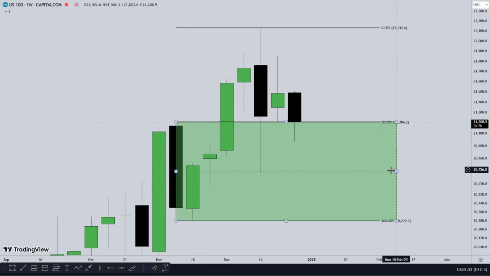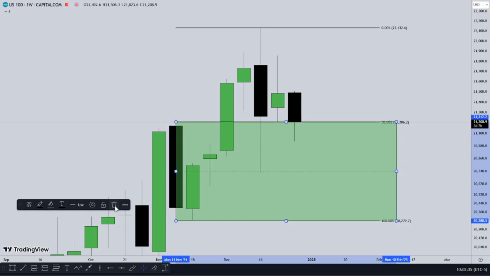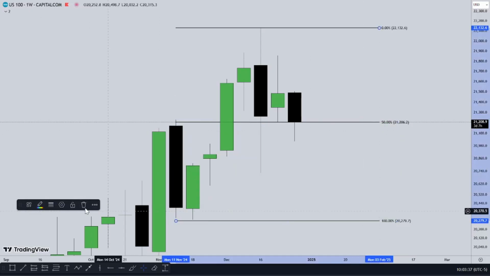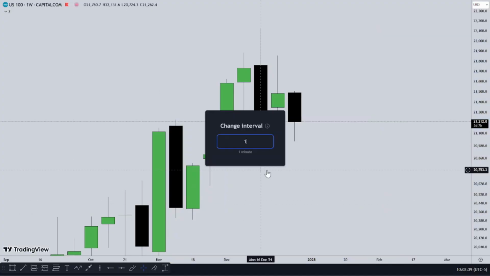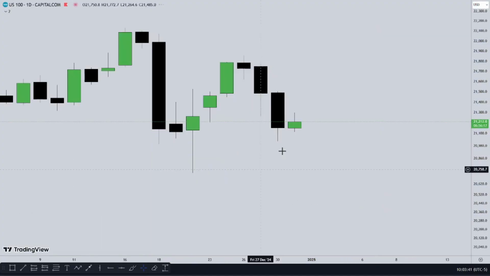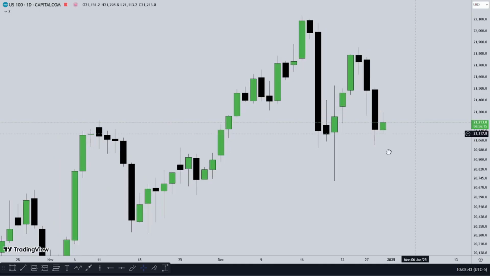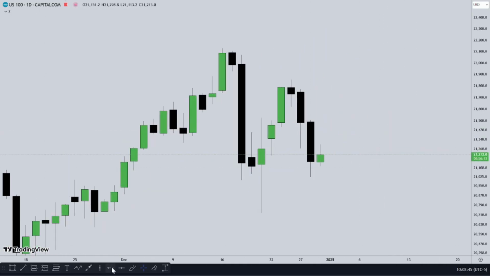Let's go to the daily time frame and use the same logic to identify the premium and discount from a daily time frame perspective. Now, on a daily time frame, the recent swing high to a swing low will be this high. You can take your time and identify it before I identify it. You can pause the video to identify it, but I'll be pointing it out.